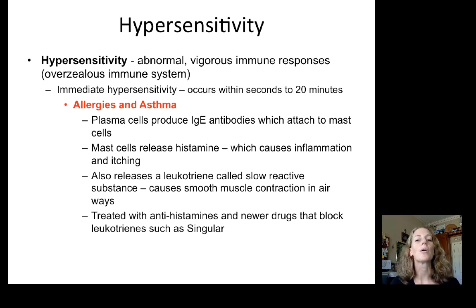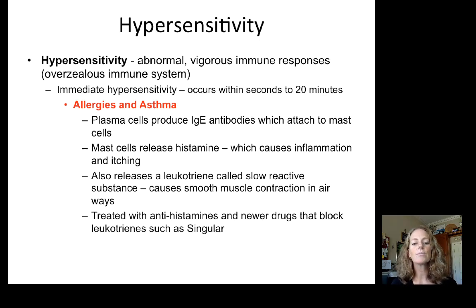Hypersensitivity is an abnormal or extremely vigorous immune response that can occur within seconds to minutes. This can occur with allergies and with asthma. So this can happen when plasma cells produce IgE antibodies, which attach to mast cells. Mast cells then release histamine, causing a huge inflammatory response.